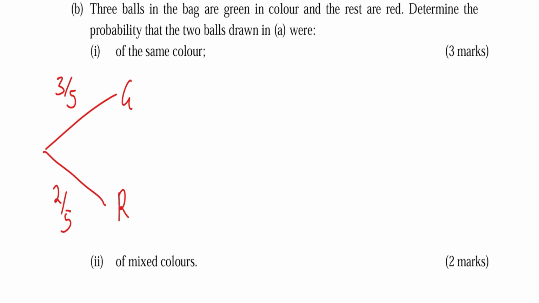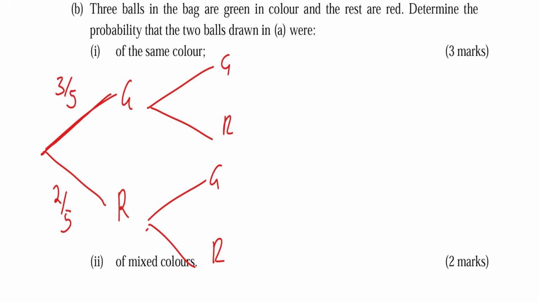But you've been told that you have taken 2 balls. Taking 2 balls means you branch again, so it looks something like this. This is green, this is red, again this is green, this is red. Now if you take out the first time, nothing will change, but the second time that you take out, many things will change.